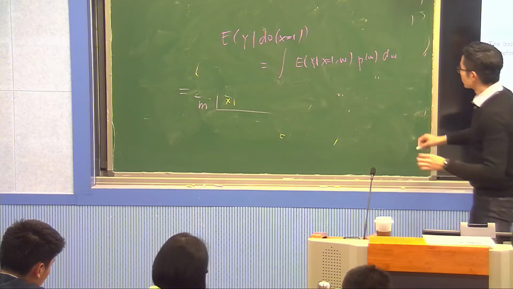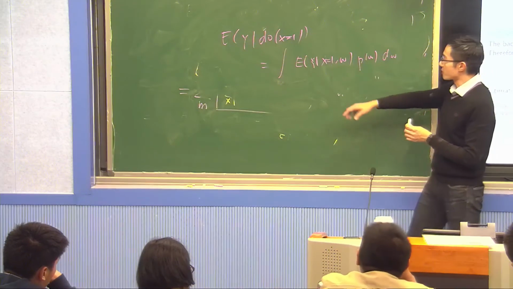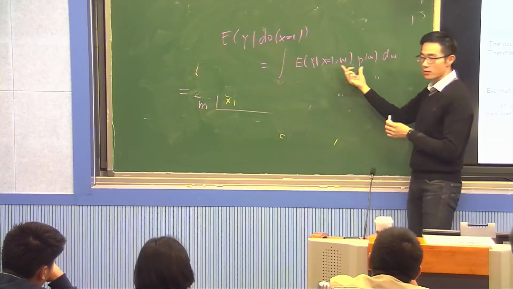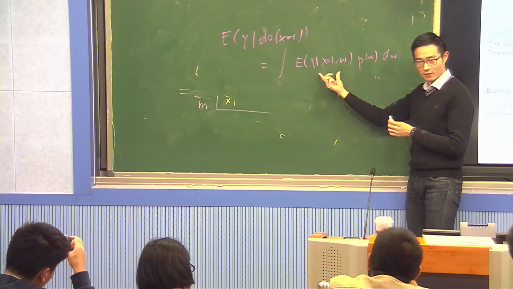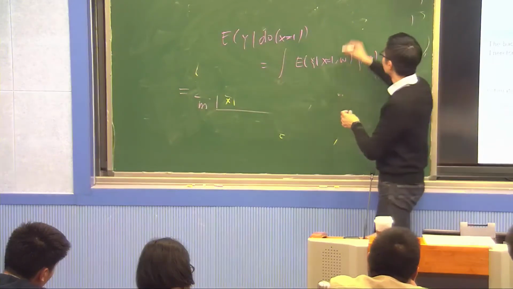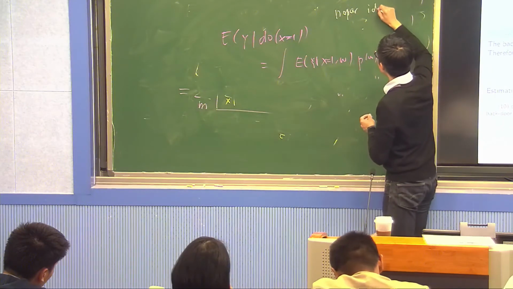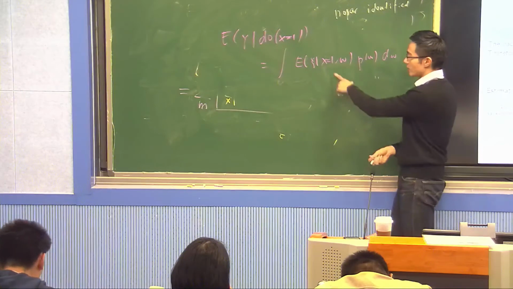Now, this is called non-parametric identification, because I have successfully written the causal object in terms of the statistical object without putting any parametric assumption on them. So it's non-parametrically identified. However, how do I estimate this?